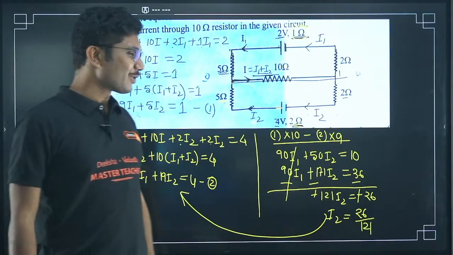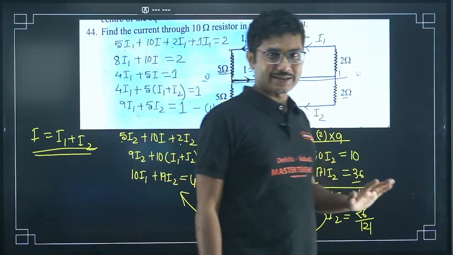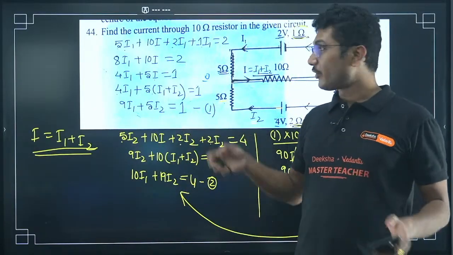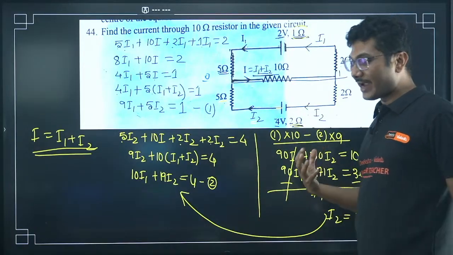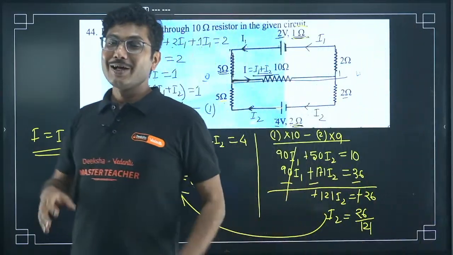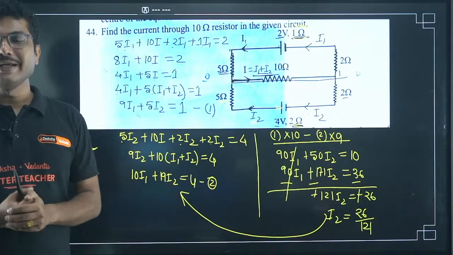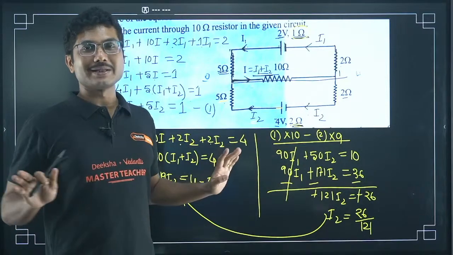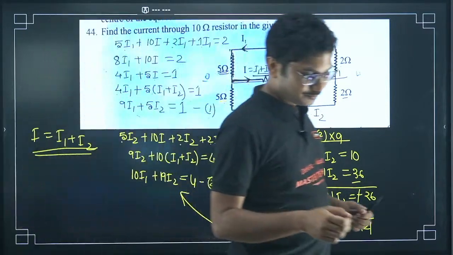But this is very common, very natural. Even those who have not yet given their physics exam, if you are solving circuit theory related questions and after solving the entire thing you find that the answer may be a little weird, don't worry, it might be the correct answer. If you have done all the steps correctly and accounted for everything properly, then getting a weird answer is very much possible.